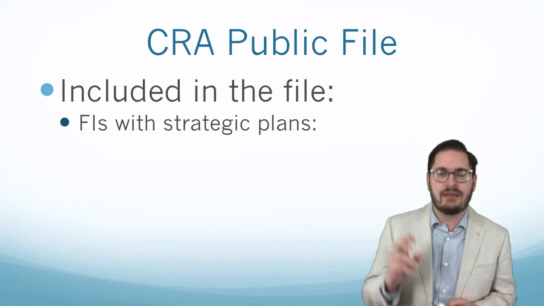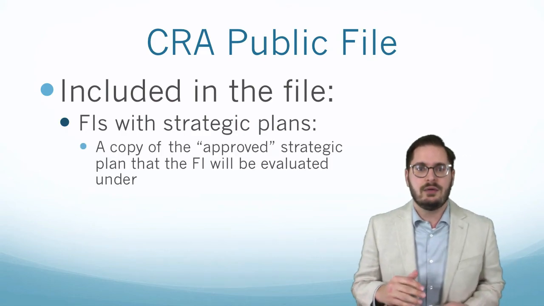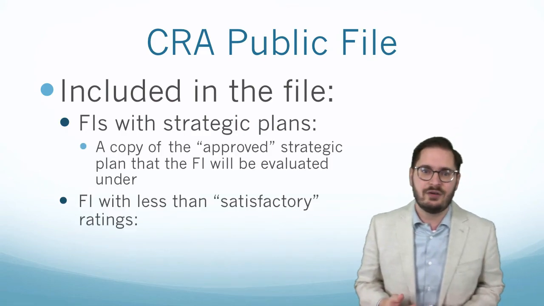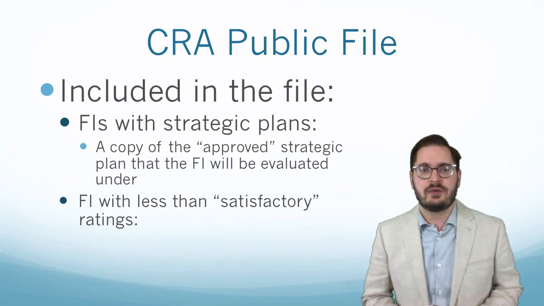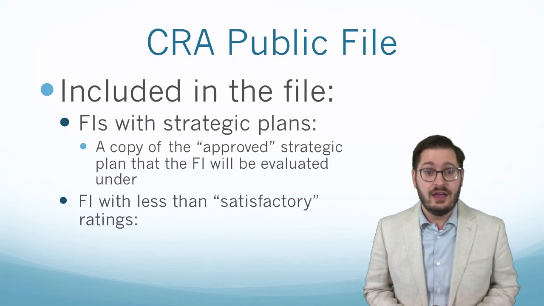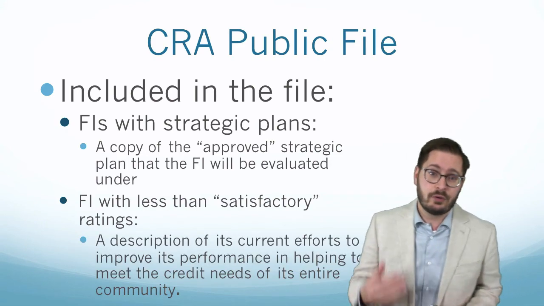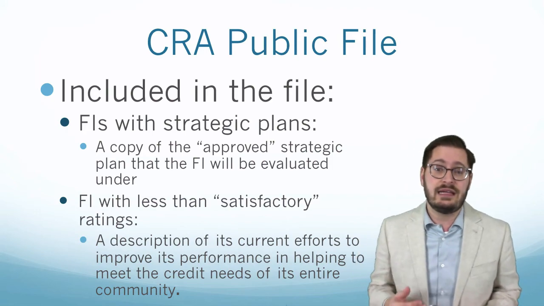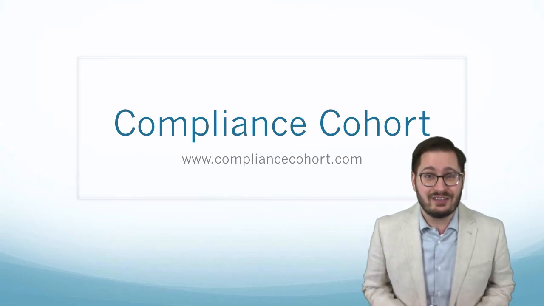This is a CRA strategic plan. If you have one of those, which is pretty rare, then you would have to include that in your CRA public file. Also, for financial institutions with less than a satisfactory rating, you have to include a description of your efforts to improve your performance in helping to meet the credit needs of your entire community. So that is what's needed in a CRA public file.